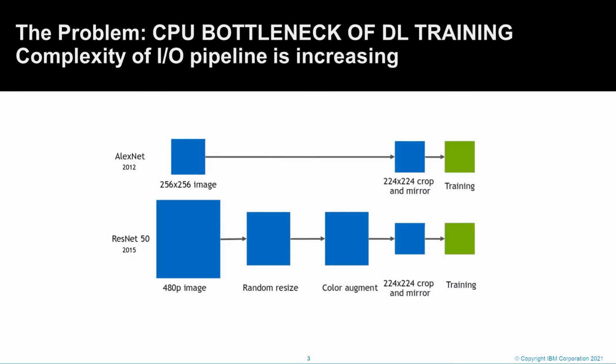Here you can see for the first AlexNet version, we just have a crop and mirror data preparation before the actual training, while later on ResNet 50, for example, you have lots of other data preparation like random sizing, color augment, and so on. And we'll show you another example with a pipeline we've worked on very recently with Maxime, which is a typical complex pipeline.